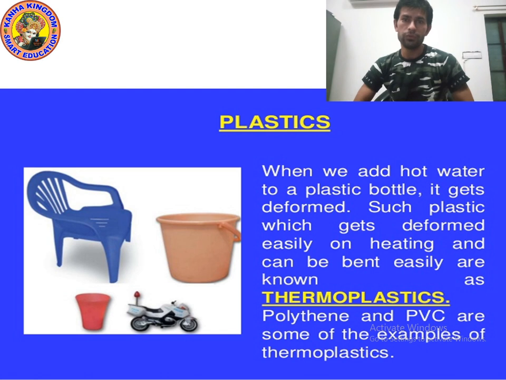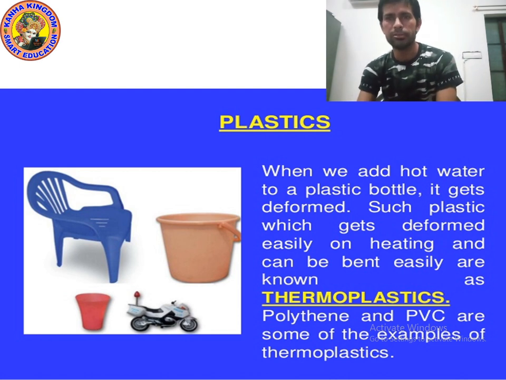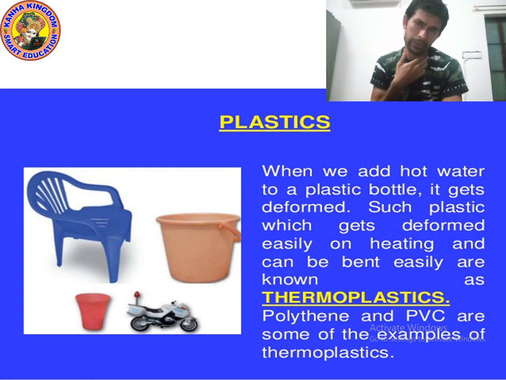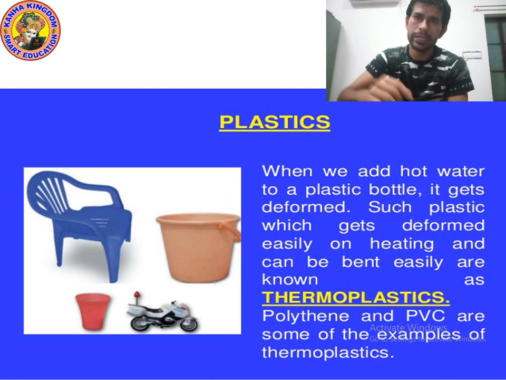Deformed means changing in shape, whose shape can be changed. So what are the examples of thermoplastics? Polythene and PVC are some of the examples of thermoplastic. The full form of PVC is polyvinyl chloride. I hope you understood. Now let's move on to the next point.